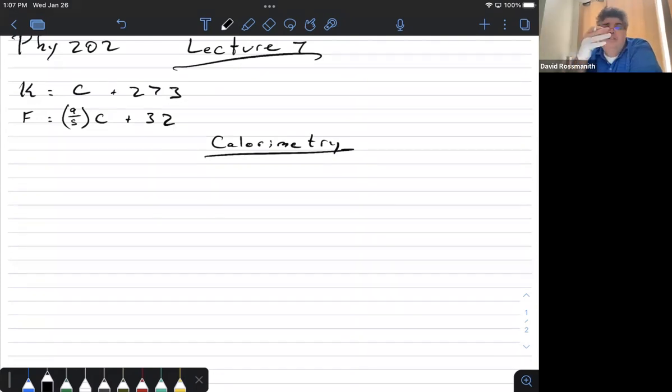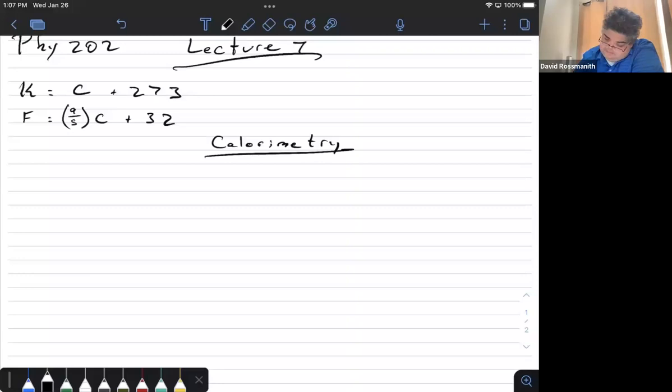So you put a whole bunch of different items in a box, and that box is closed off from its surroundings. And each item may be at a different temperature. And you want to know, after a while, the hot things will cool down and the cool things will heat up until such time as they all reach the same equilibrium temperature. And you may want to know, what will that temperature be? That's one of the things calorimetry can do for you.